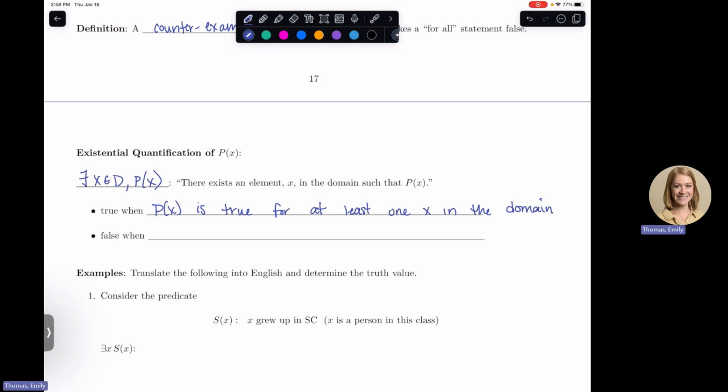And how would you prove to me that there does not exist a meal in the caf that is good? If my statement is that there exists one, correct, that it's false for every single meal that the caf serves.